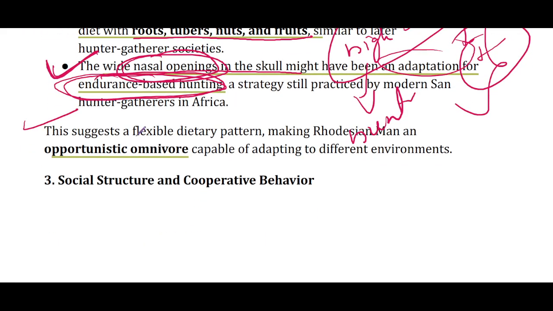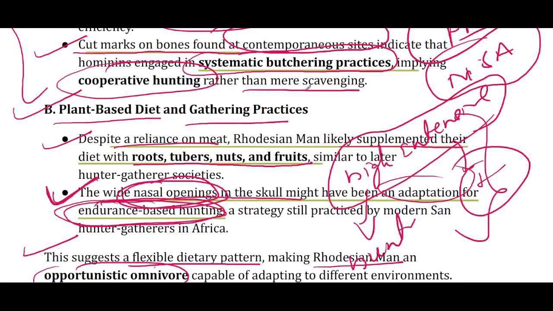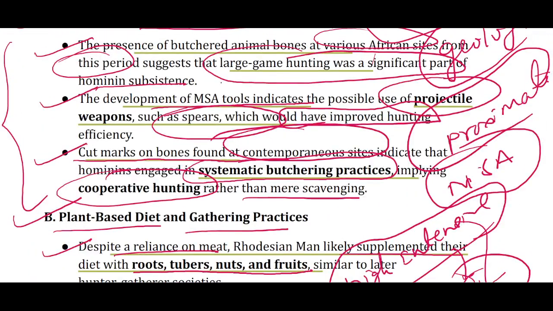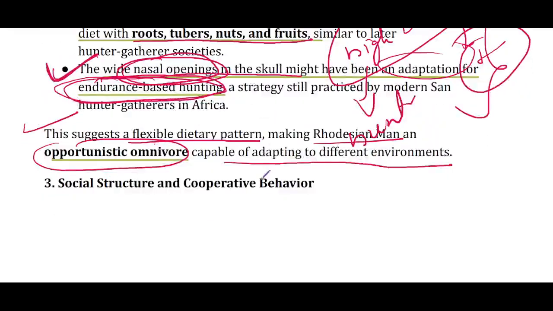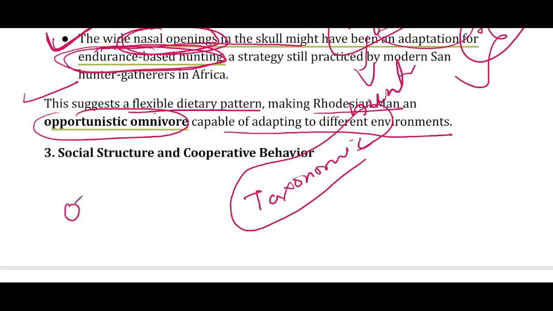And finally, all these speculations suggest a flexible dietary pattern, making Rhodesian man an opportunistic omnivore capable of adapting to different environments. And as we saw in previous lectures, especially the taxonomic adaptations, primate adaptation, this omnivorous behavior started with Australopithecus.